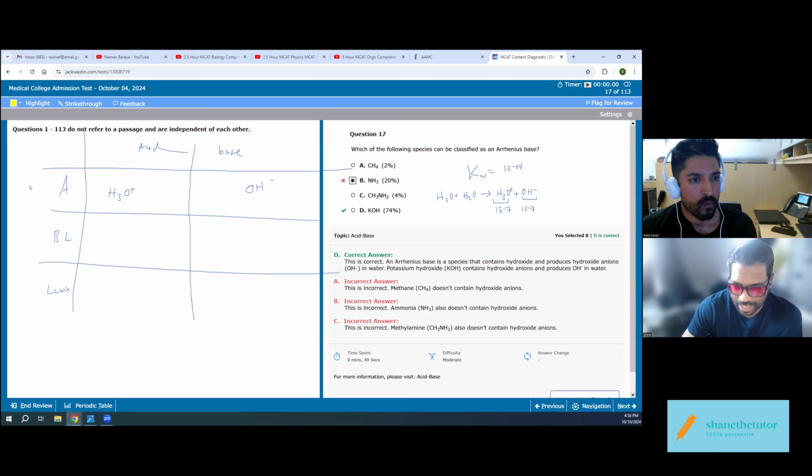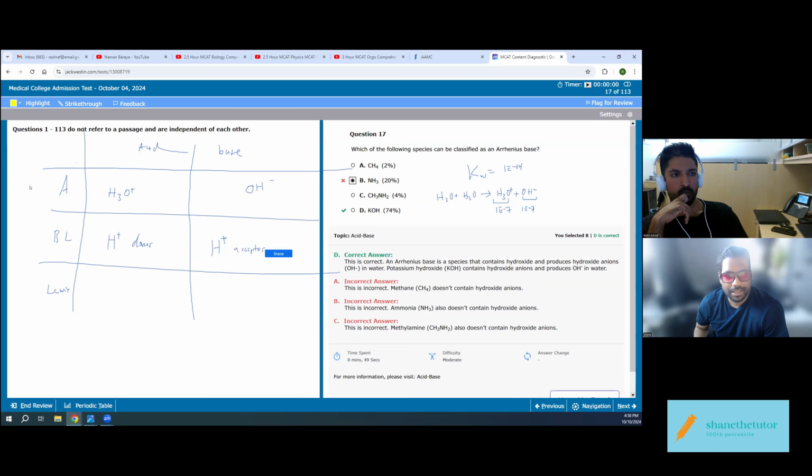Next up, Bronsted-Lowry. And this is the most likely definition of acid that they'll use. When they say acid or base, they're going to imply the Bronsted-Lowry definition. So the Bronsted-Lowry acid is a proton donor, and the Bronsted-Lowry base is a proton acceptor.